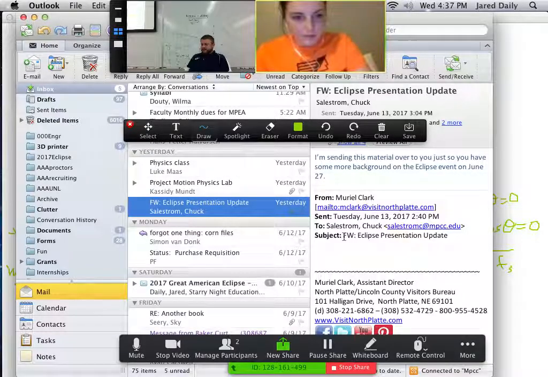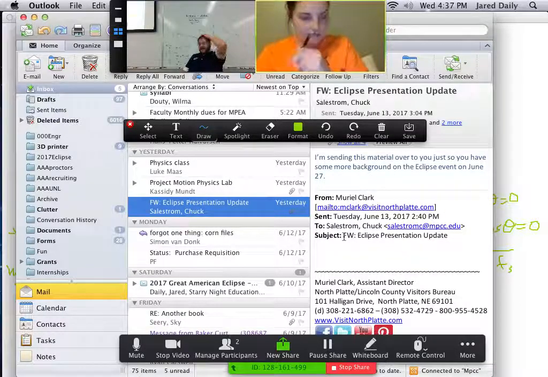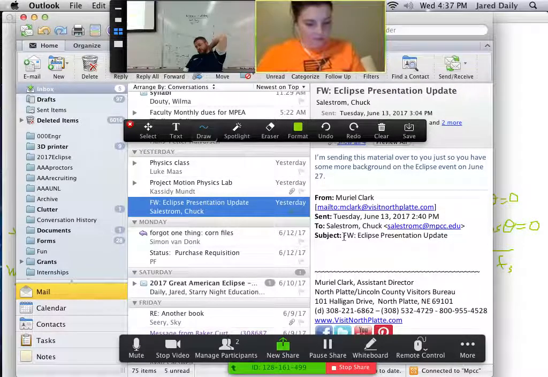I'm trying to get them to let us take them out to dinner and maybe take them to the research center across the street, the UNL Agricultural Research Station, for a little tour. So just keep that open on your calendar. If we do end up with some activities that day, you can go if you're interested.